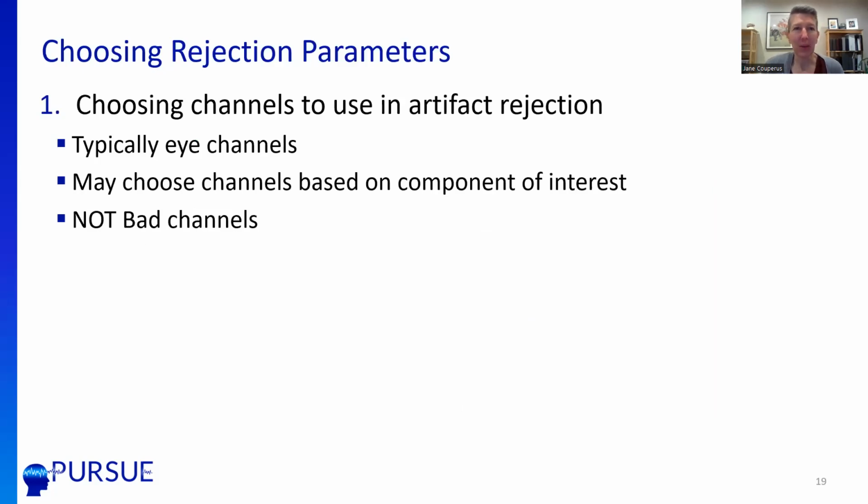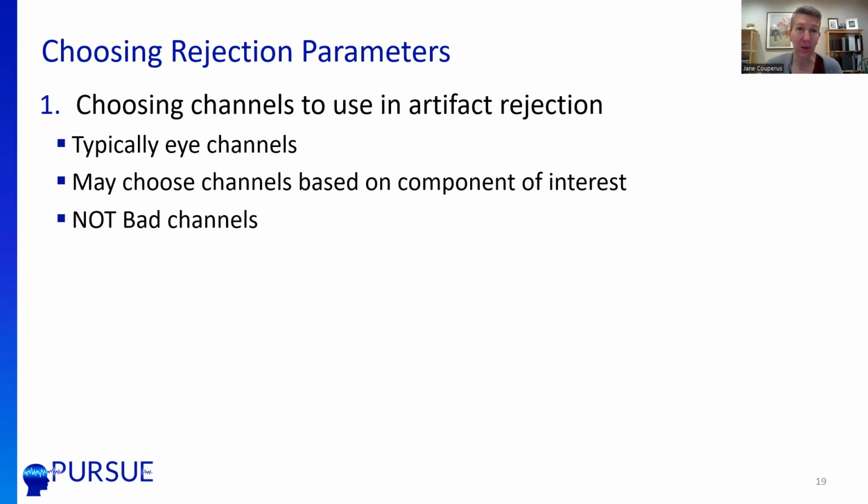So finally, we want to think about what parameters we're going to be choosing to set our different thresholds and which electrodes we're using, things like that. So the first thing we need to do is decide which electrodes we're actually using for our artifact rejection. If you're interested in blinks, you're definitely going to want those eye channels, but you might also want to have other channels that are related to your components.